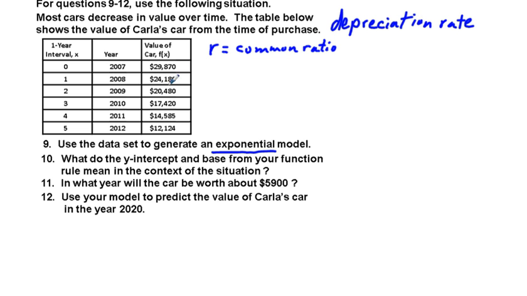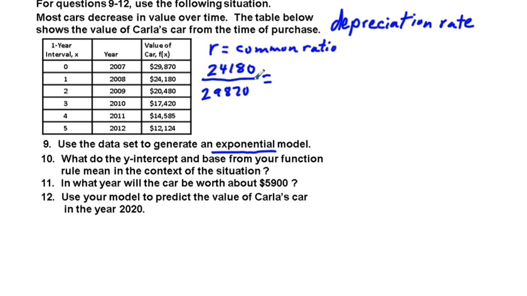We take one term divided by its preceding term. So we're going to take 24,180 and divide it by its preceding term value, which is 29,870, and find what that equals.